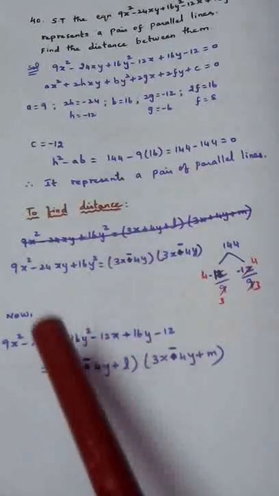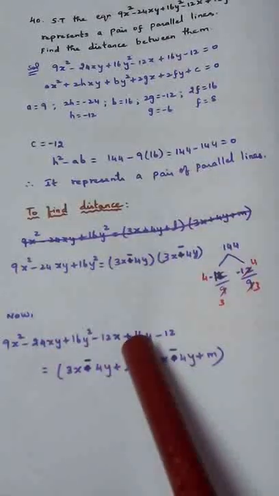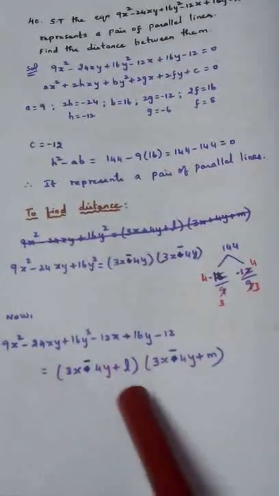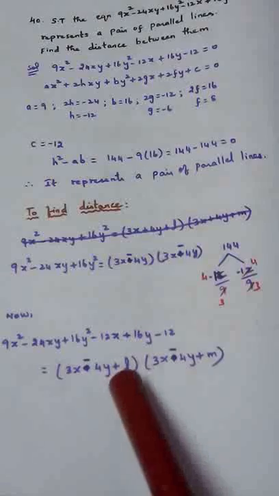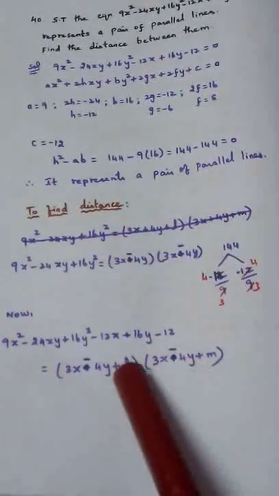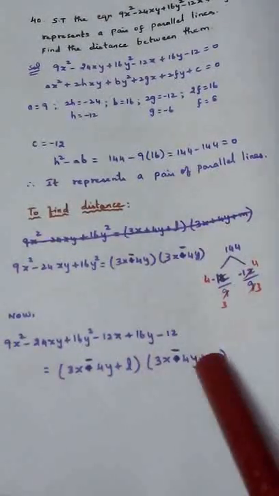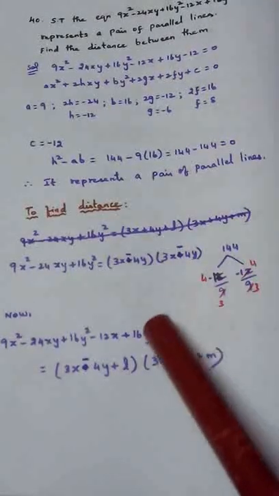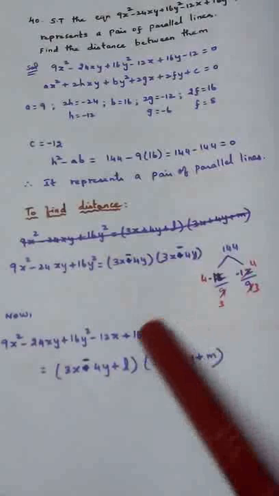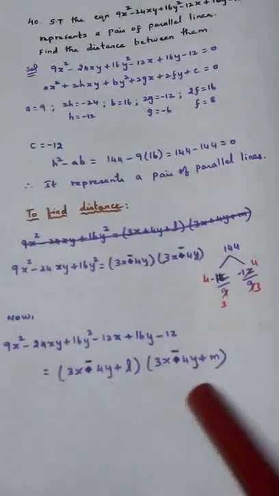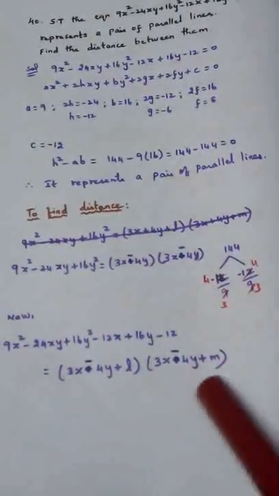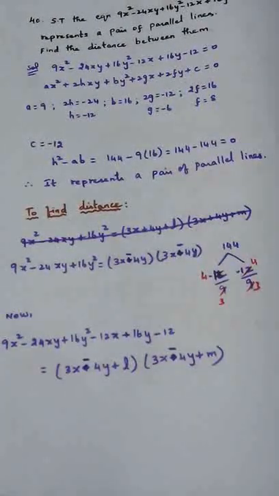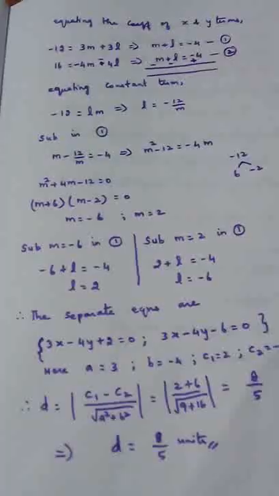Similarly, we equate the coefficient of y: 16 is equal to minus 4M plus minus 4L. Similarly, when I equate the constant term, the constant term on the left hand side is minus 12. On the right hand side it is LM. Only here we get a constant term, L into M. These are the things I am going to write in the next 3 lines.